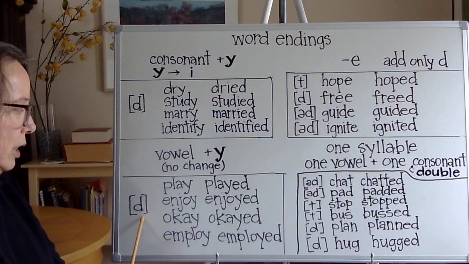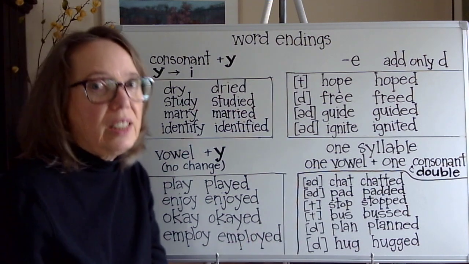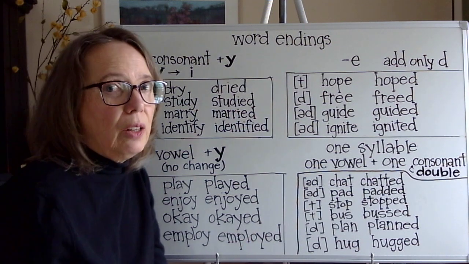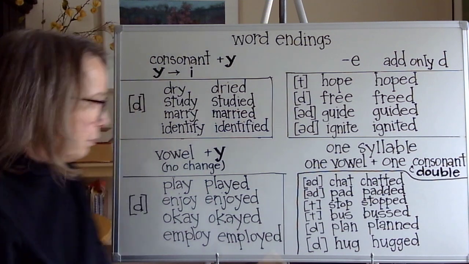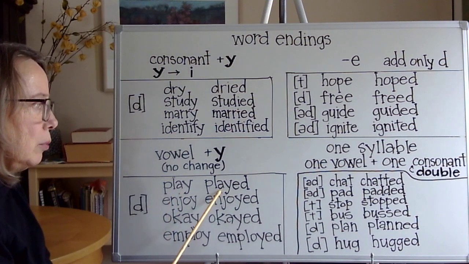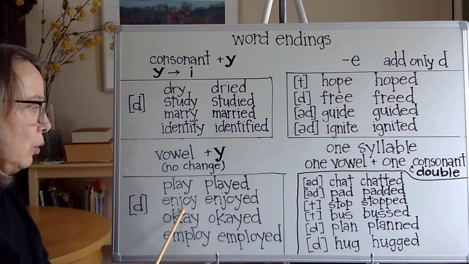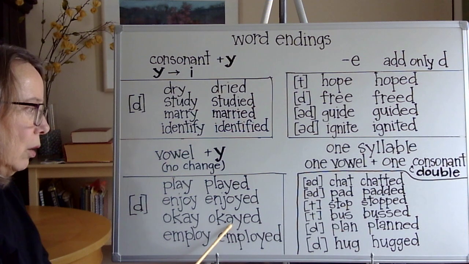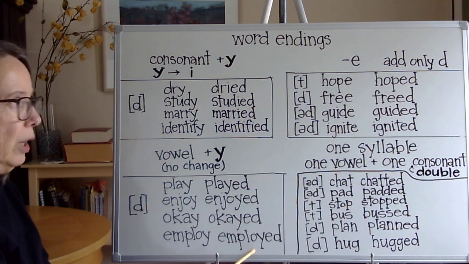But we still have the D sound because the vowel ends voiced. Play, played, enjoy, enjoyed, okay, okayed, employ, employed.